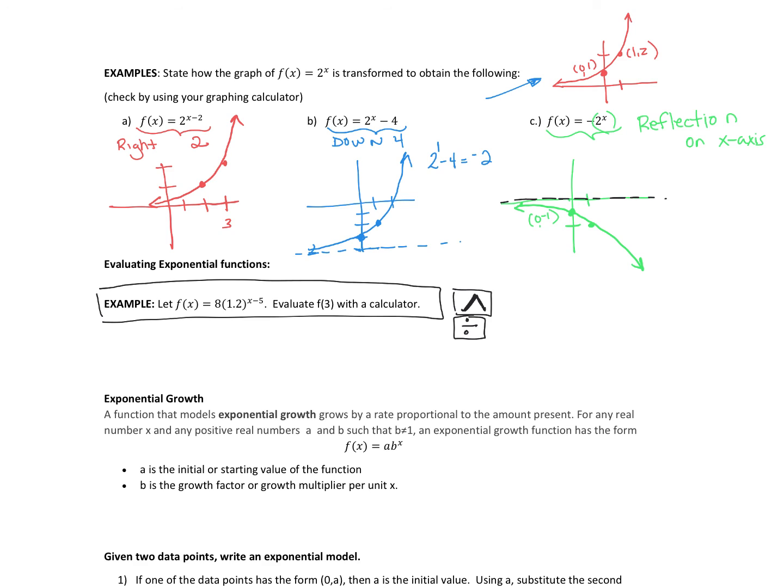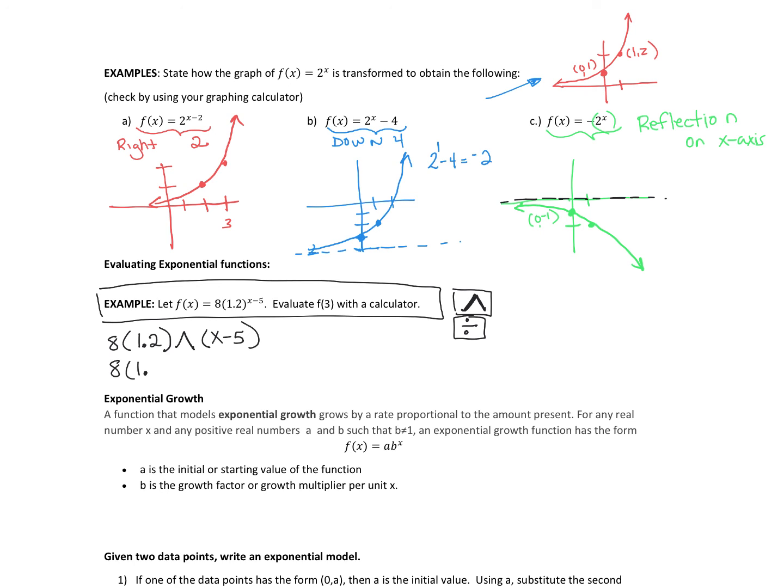So if we wanted to evaluate this function, we would literally type 8 parentheses 1.2 end parentheses caret, because we're going to raise that 1.2 to a power, and then we have to put this in parentheses as well. Otherwise, we'll raise it to the 5 and then subtract 5, and we want to raise it to that whole power.